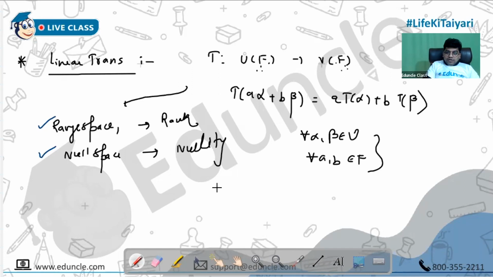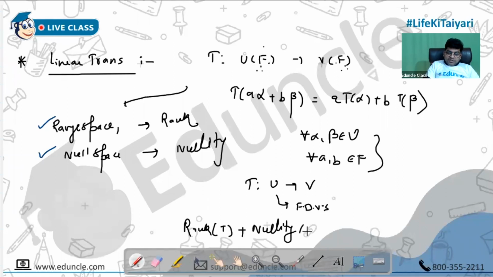And one more thing, the dimension theorem. If U is a finite dimensional vector space, T from U to V, then you must know the rank nullity theorem: the rank of T plus nullity of T is equal to the dimension of U. Okay, yes.